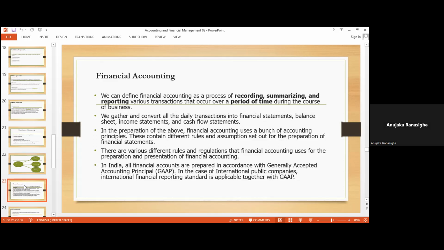This is financial accounting. The process of recording, summarizing, and reporting in the given period is called financial accounting. This is the definition of financial accounting.